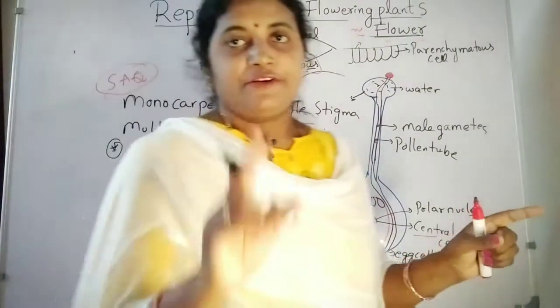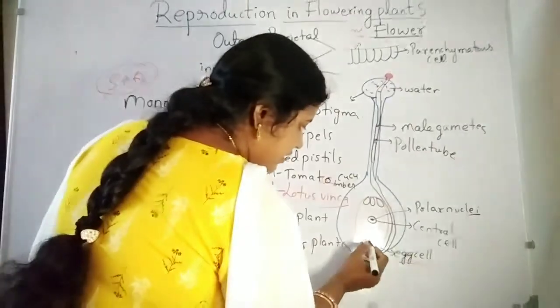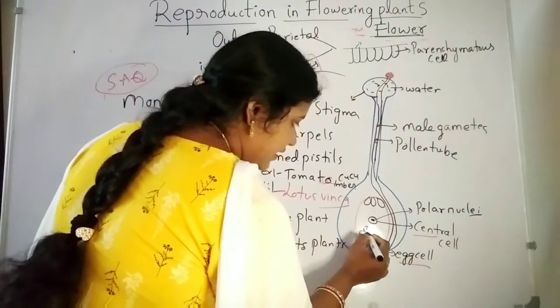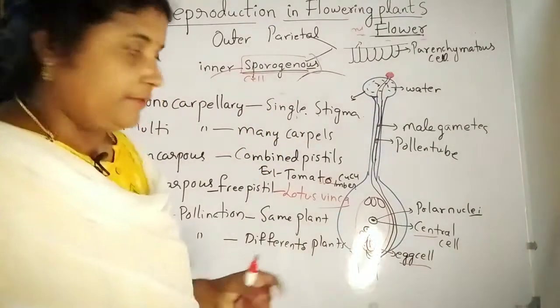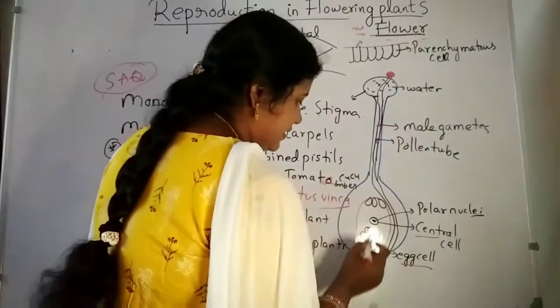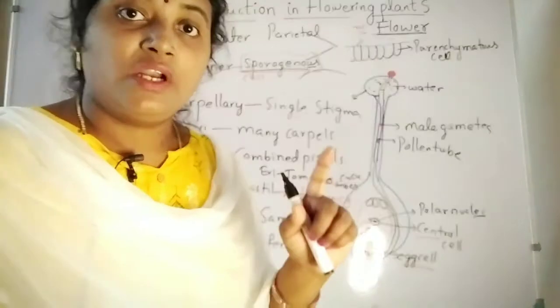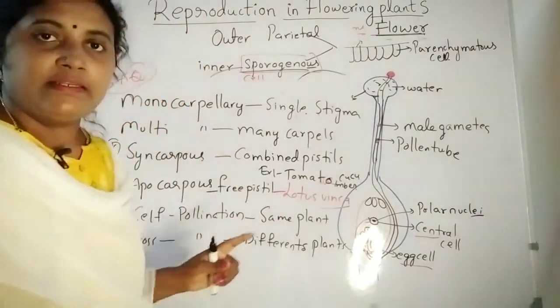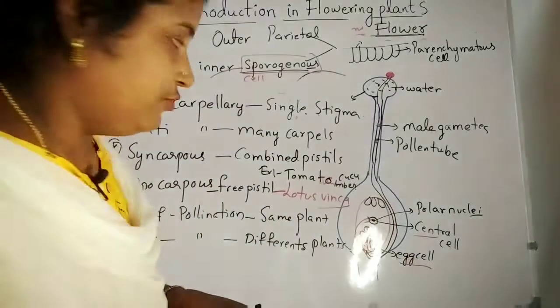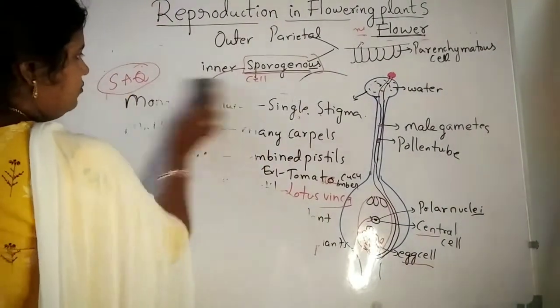So the first male gamete is going to fuse with the egg cell, the first fertilization. Then the second male gamete is going to fuse with the polar nuclei. So once again I am writing here.